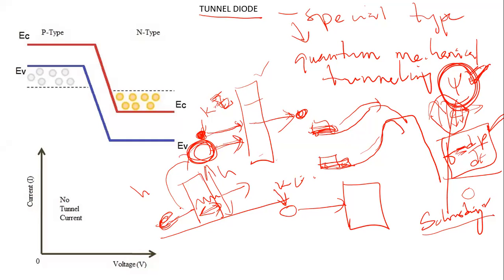So the tunnel diode is a special diode in the sense that it is made up of degenerate semiconductors.